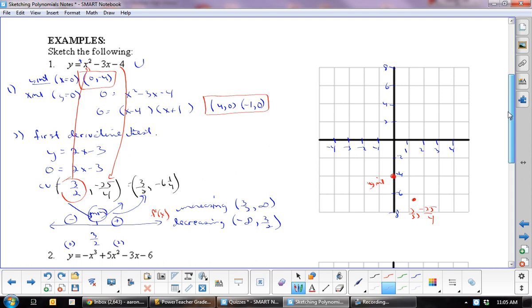Okay, and then we've got negative 1, 0 here and 4, 0 there. So then we would draw it, and it should all kind of come together.